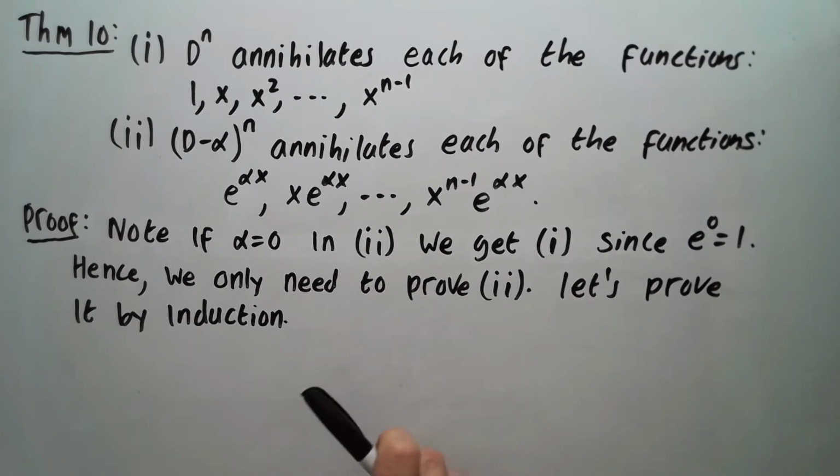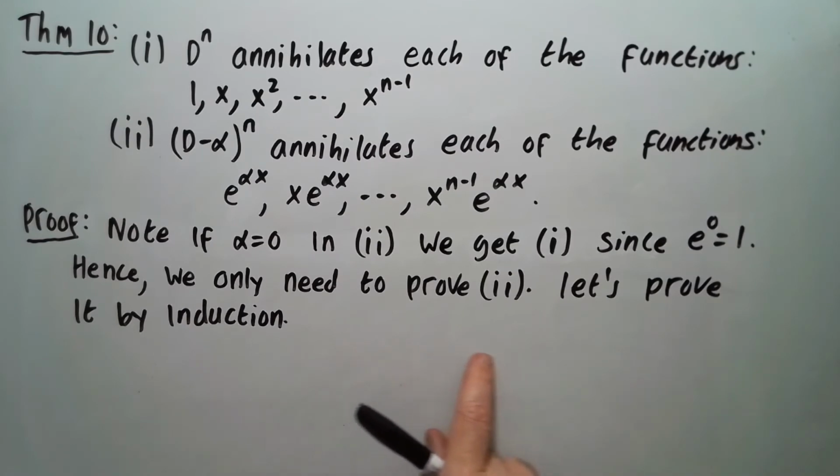So it's kind of setting up a domino effect. Showing the n equals 1 case works, and then if the k case works, then the k plus 1 case will also work. So the dominoes will keep going down. You set up a chain reaction, and that's induction. Okay, so let's first show n equals 1.